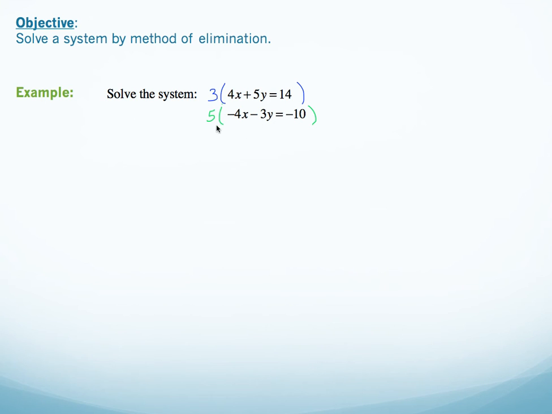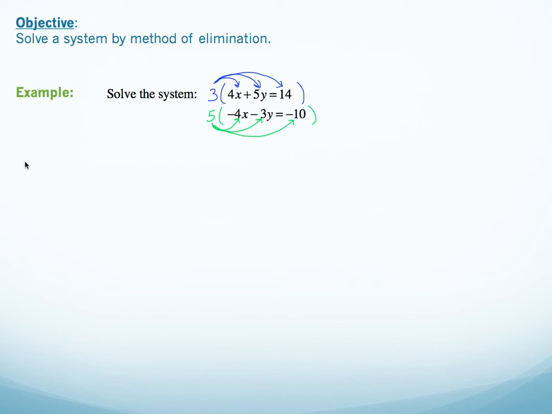Okay, so let's go ahead and distribute that 5 to every single term in the second equation. And then we also have to make sure that we distribute that 3 again to every single term in that first equation. So let me go ahead and rewrite that down here.